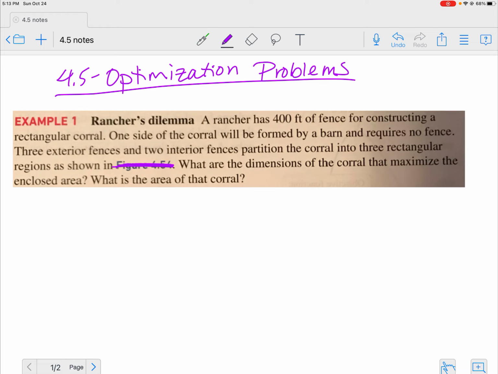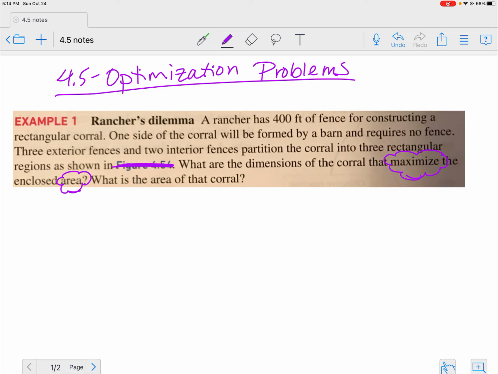Here's the deal. There are some key words here that we want to look at. When it comes to optimization, words like maximize, that's your key. All right? I want to maximize. What am I maximizing? The area. So anytime you see that word, maximize or minimize is valid. You can minimize something, right? And what have we talked about so far?